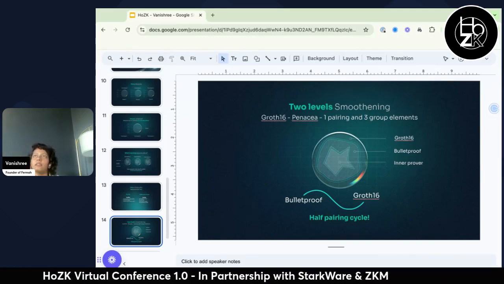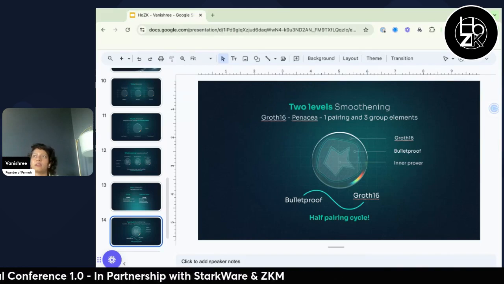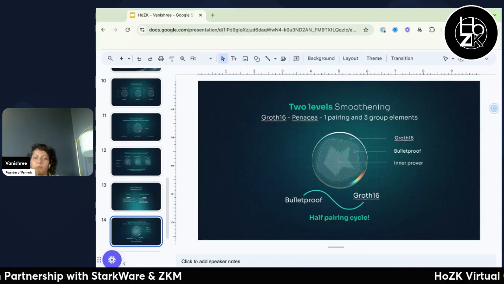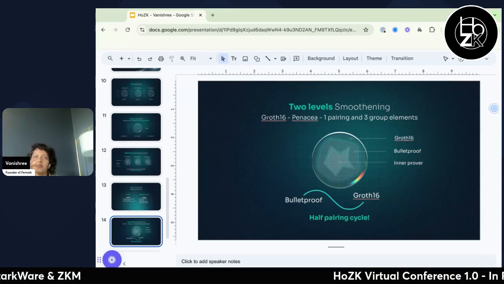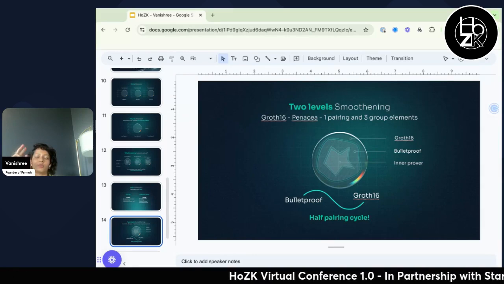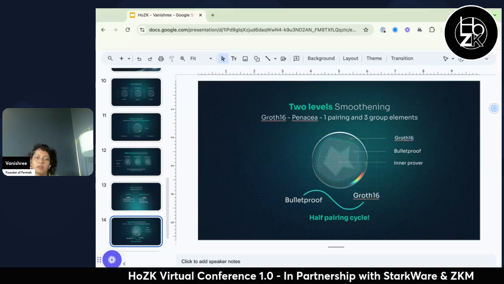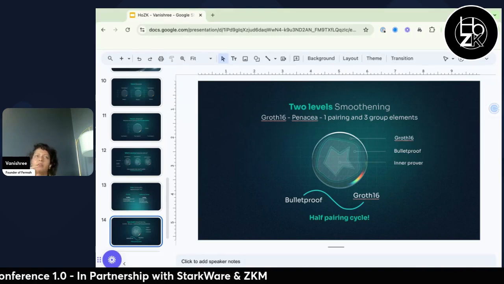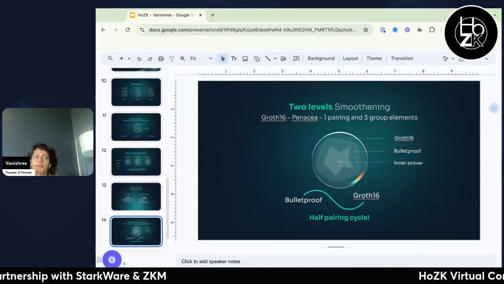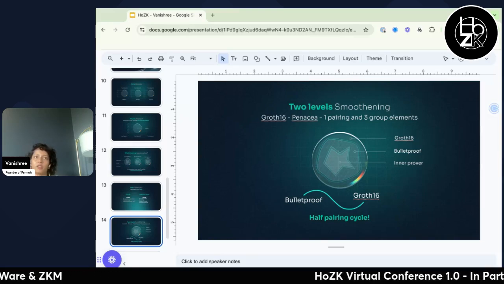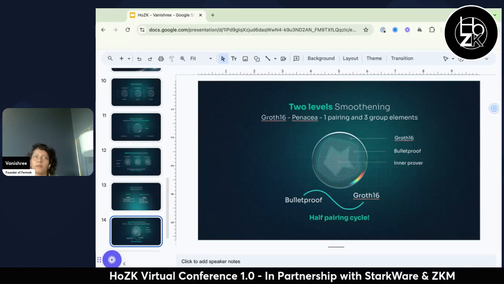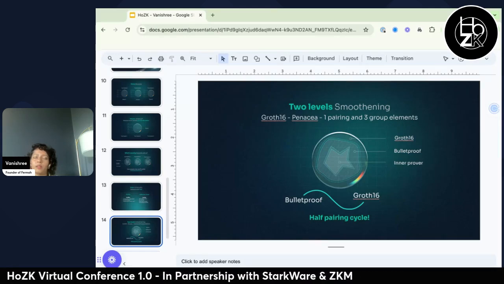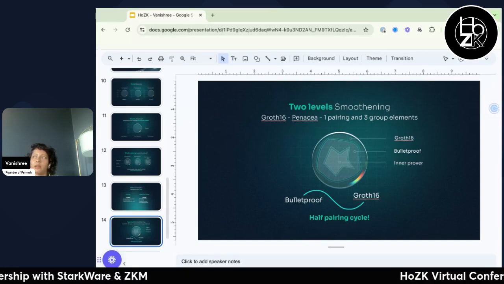And then another tactical point is it's good to have Bulletproofs and Groth16 be the smoothing layers, because Bulletproofs, like we noticed in the previous slide, doesn't need pairing, so you can have a half pairing cycle where Groth16 is built with the pairing-friendly elliptic curve and Bulletproofs without that.